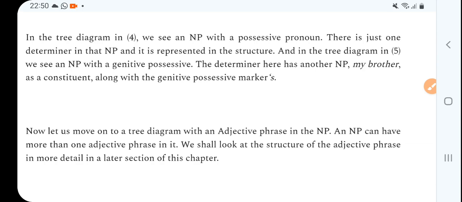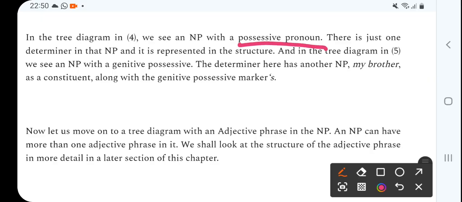So that's "my brother". In that "my brother", "my" is a possessive pronoun. There is just one determiner in that noun phrase. It is represented in the structure. In tree diagram 5 we see a noun phrase with a genitive possessive, and the determiner here has another NP, "my brother".